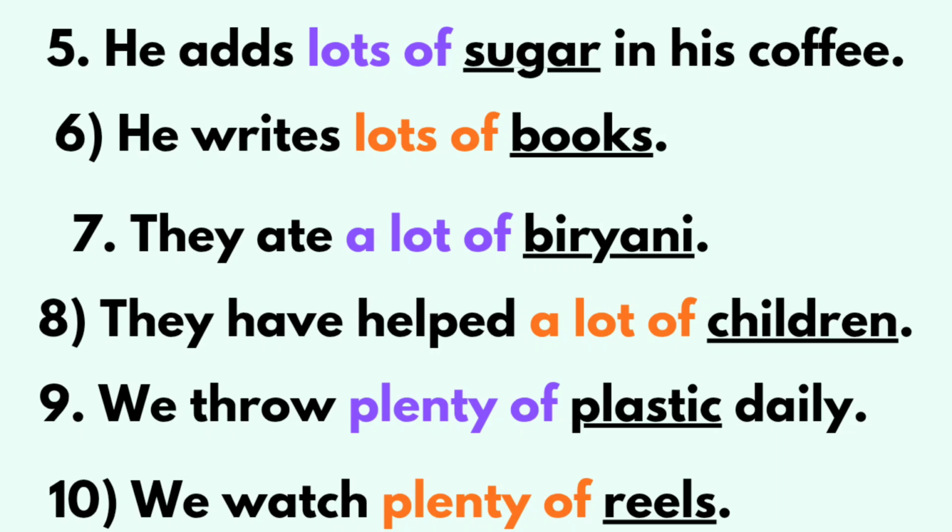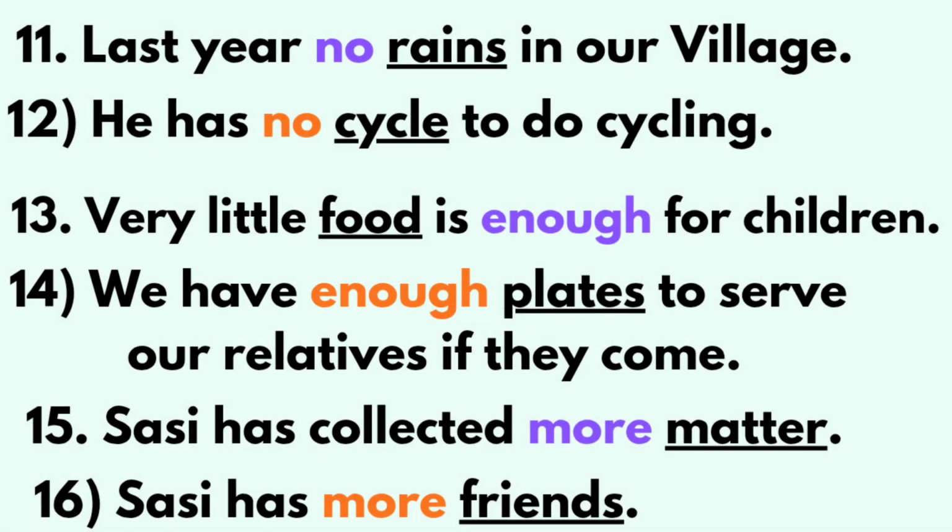There are some more quantifiers, okay? I thought of discussing as many quantifiers as possible. We'll see some more. Last year, no rains in our village. Here, rains means uncountable, so don't think that it is countable, okay? You might be thinking, rain, rains.